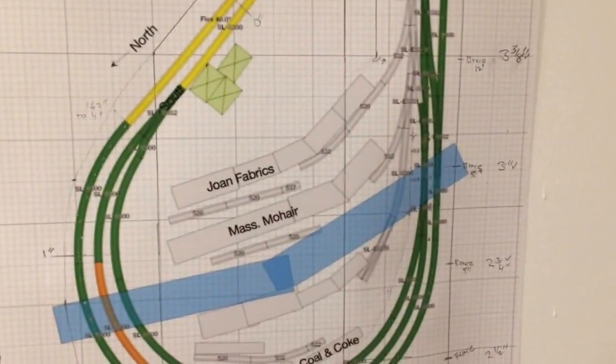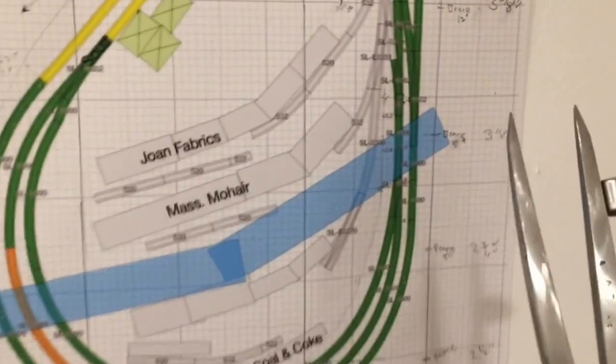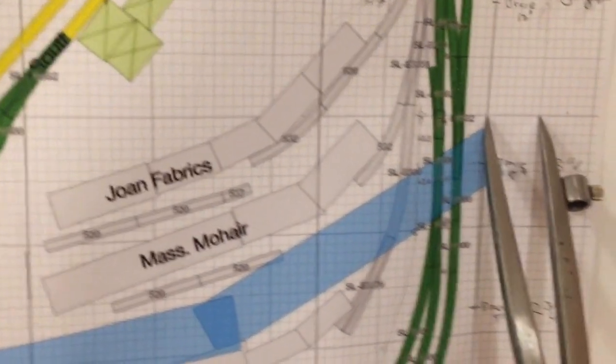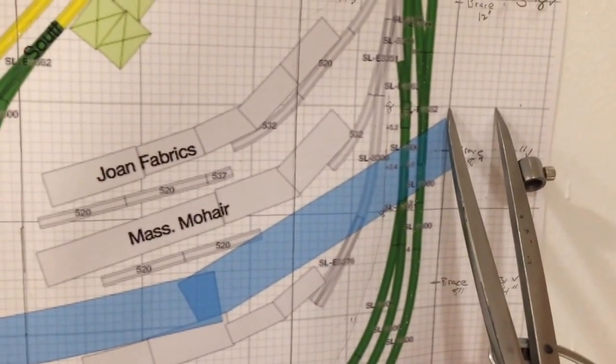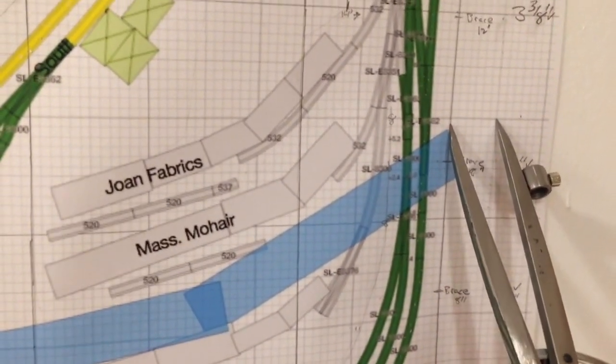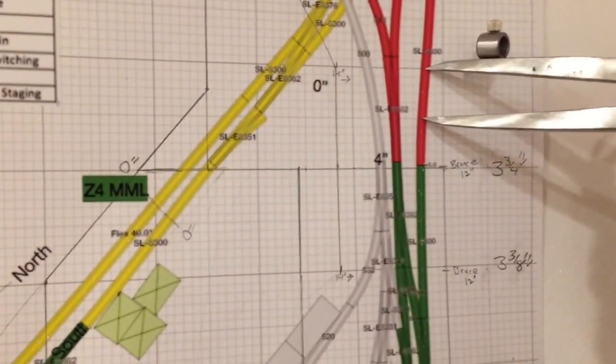So I took my compass here and I have set the point so that they're 6 inches apart. What that means is for every 2 steps I take with the compass, I'll have gone 12 inches, or a foot. And then I very simply started walking from my 4-inch mark here down, counting.